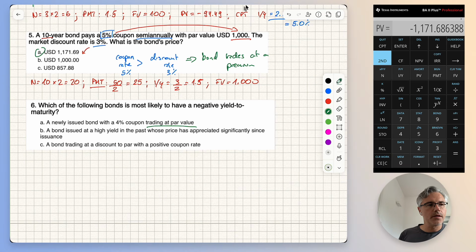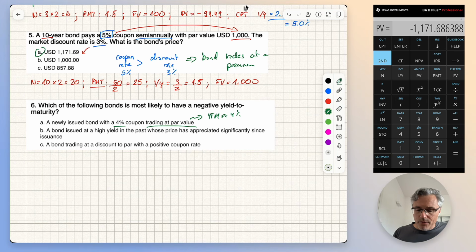Newly issued bonds, especially corporate bonds, are typically given a coupon that allows them to trade close to par value. But if something trades at par value, it means its yield to maturity will be close to 4%, i.e. the coupon rate. That's the reason why something trades at par value. Its required rate of return is equal to the coupon rate.